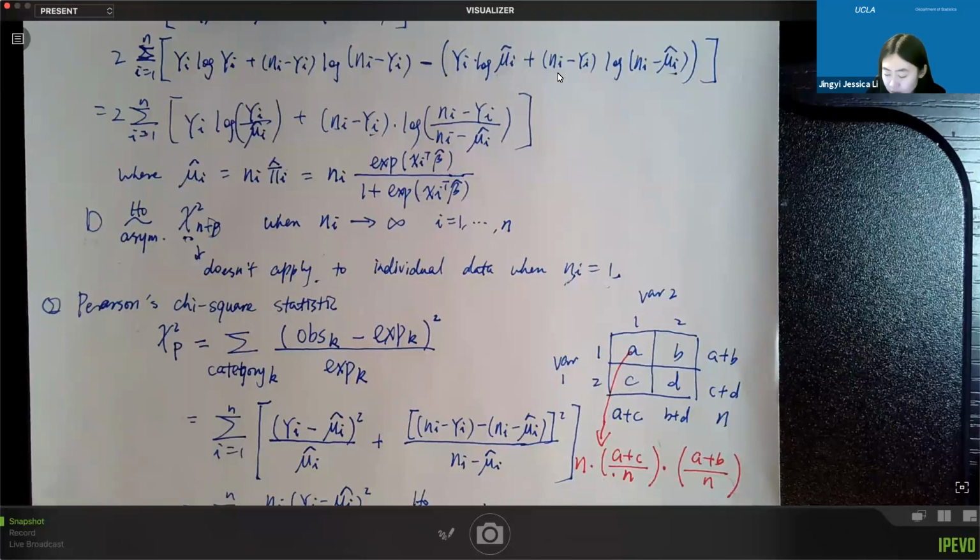For the goodness of fit test, we try to assess whether the model we propose is likely a generative model from which our data are generated. So here, the null hypothesis is that the GLM is the generative model, very similar to what we call the saturated model. We are comparing the GLM versus the saturated model and setting them equal under the null hypothesis.